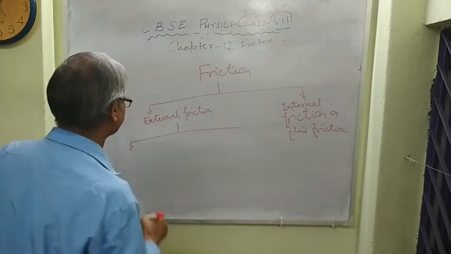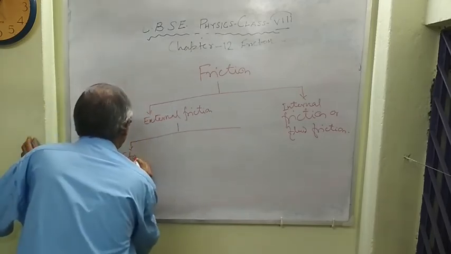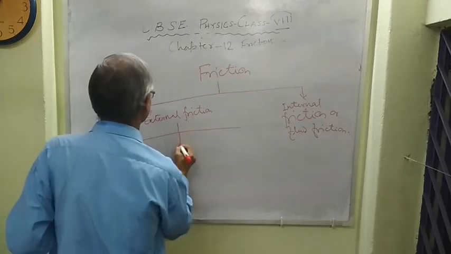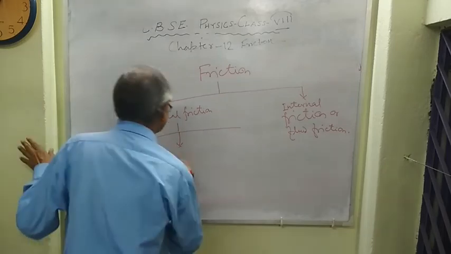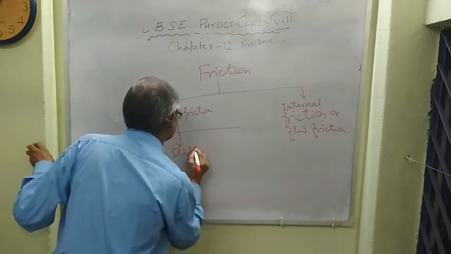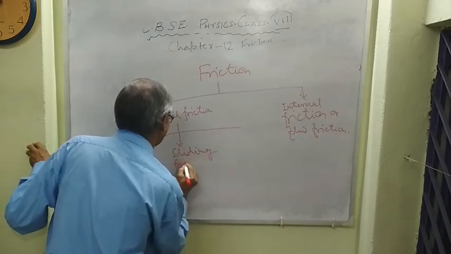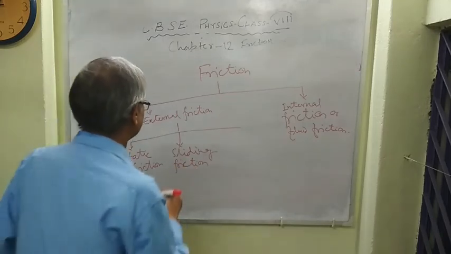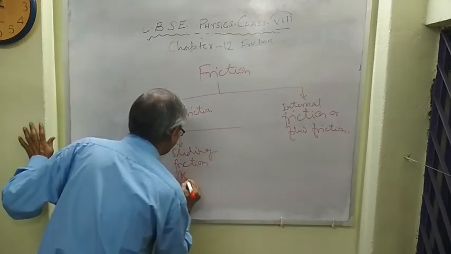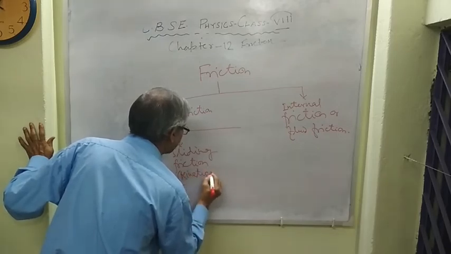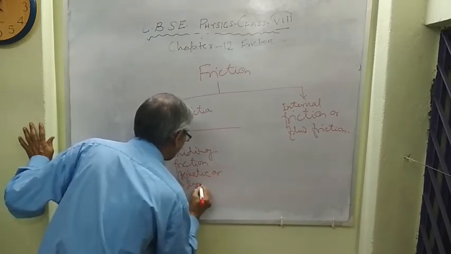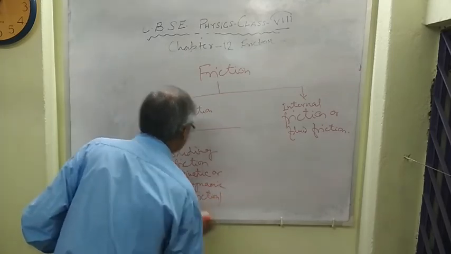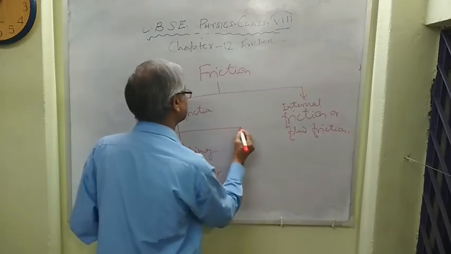That is static friction; number two, kinetic friction or sliding friction, also called kinetic friction or dynamic friction; and another is rolling friction.